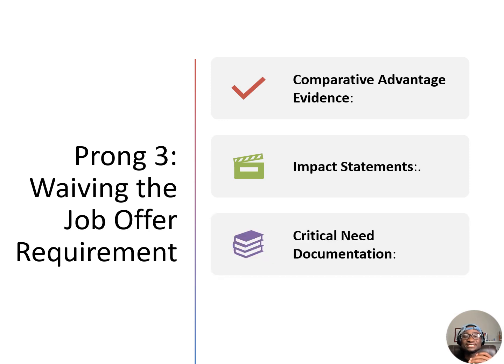The third point is critical need documents. So what are these? For those working in critical sectors in the economy or on urgent issues, providing evidence that your expertise addresses needs within the United States, impacted communities or industries is very important here, right?